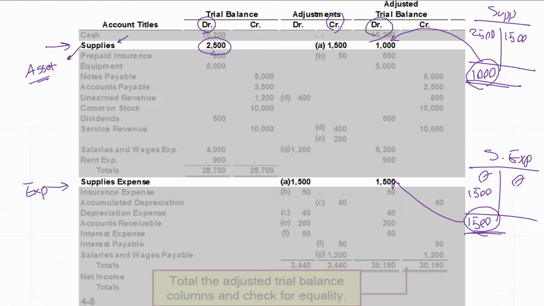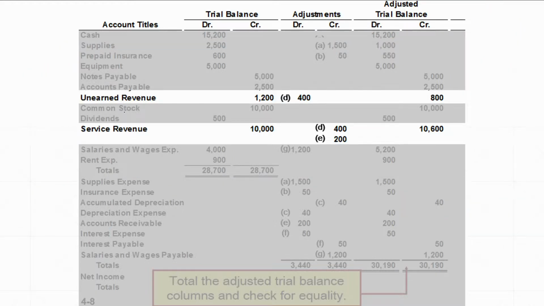Let's take a look at another example. Here we are looking at unearned revenue and service revenue accounts. The unadjusted balance of service revenue was $10,000. Let me draw the T account here. Service revenue, the unadjusted balance is $10,000.